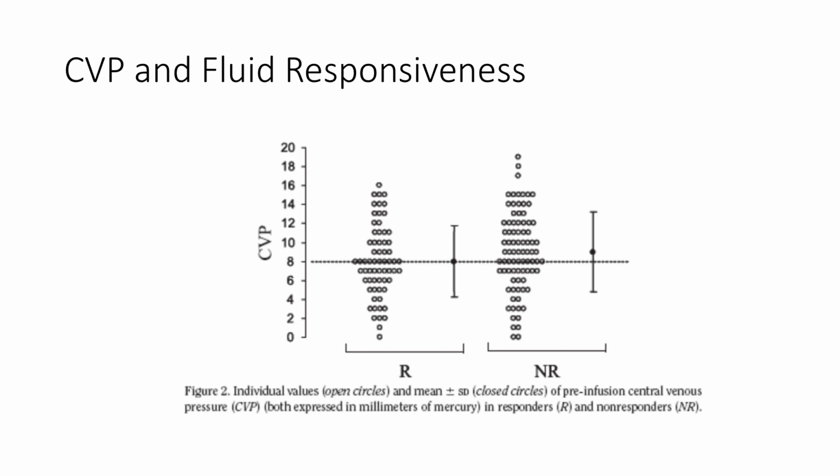So many years ago, long before probably many of you were even considering being doctors, it was thought that you put a CVP line in, that you measured patients' right atrial pressure, and that number somehow magically correlated with whether you should give them more fluid or not, and it was supposed to stop you drowning patients with heart failure, etc. But if you look at this, responders marked by R and fluid non-responders marked by NR, you can see that both of them have got CVPs that were anywhere between 0 and 16, maybe higher, in the trial.